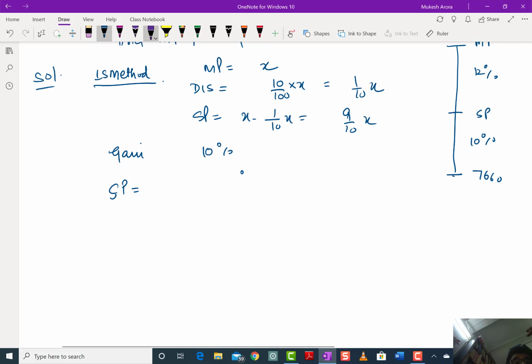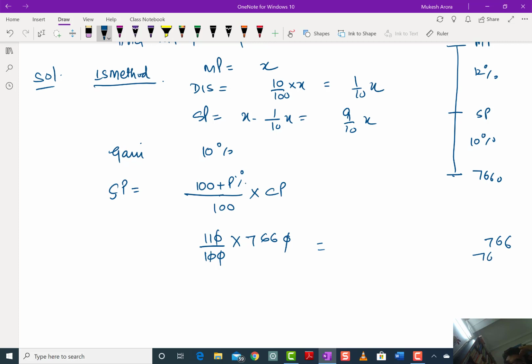SP will be equal to 100 plus profit upon 100 into CP. So 110 upon 100 into 7660. This is cancelled, this is cancelled.